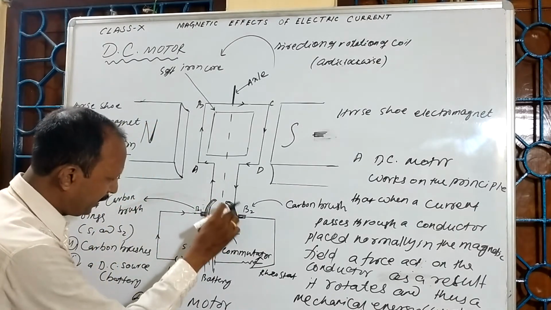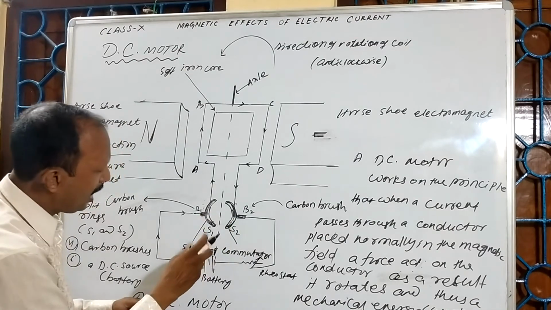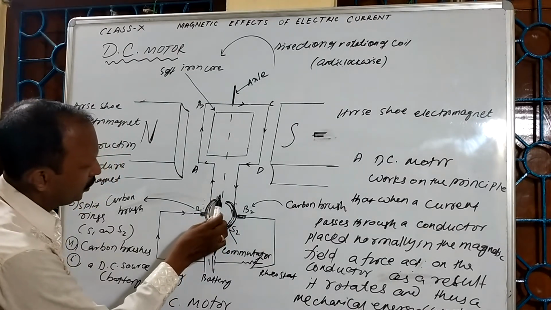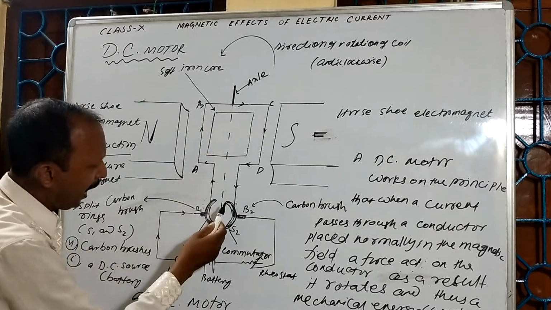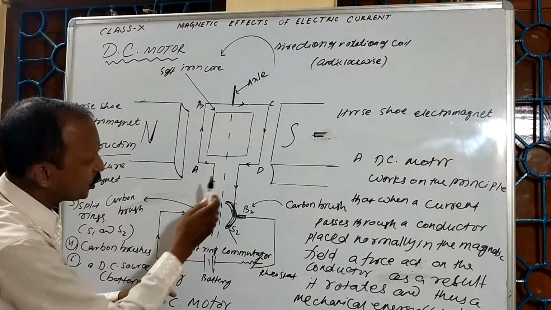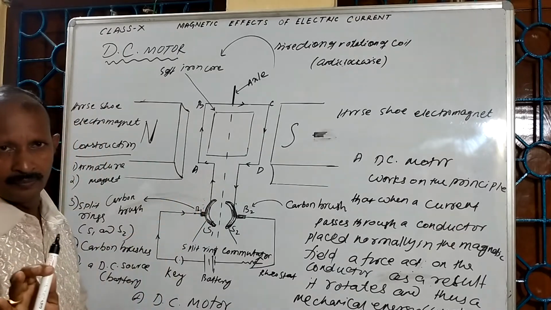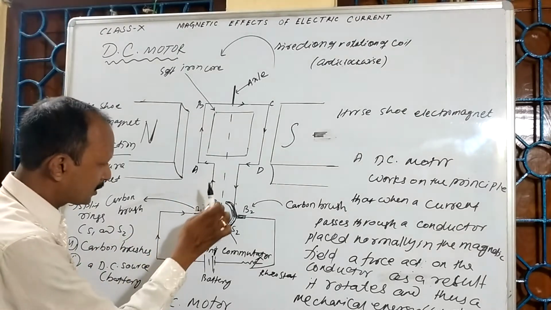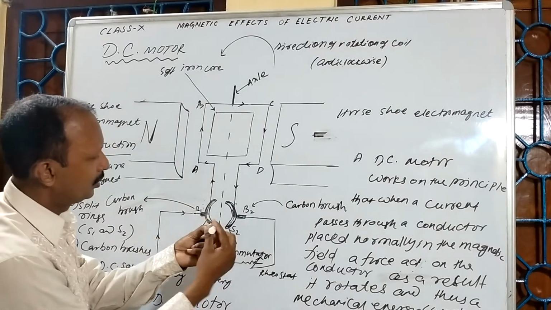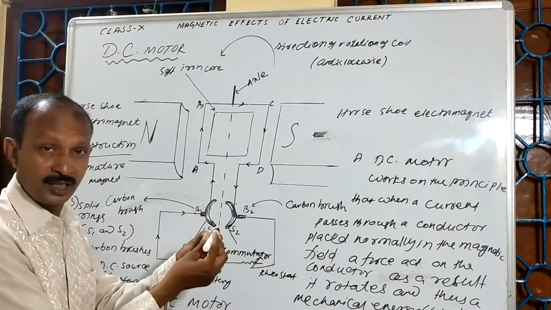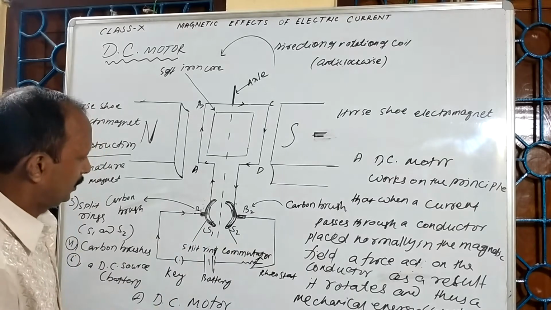The split rings S1 and S2 are mounted over an axle. This axle is a support to this system, so the split rings can smoothly rotate on the surface of the axle.